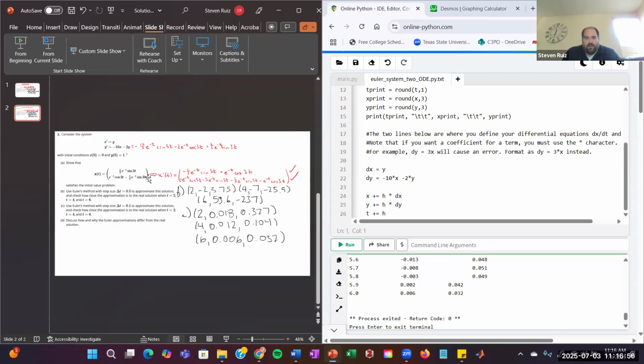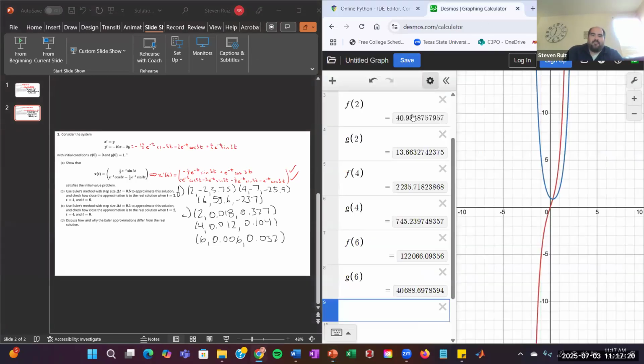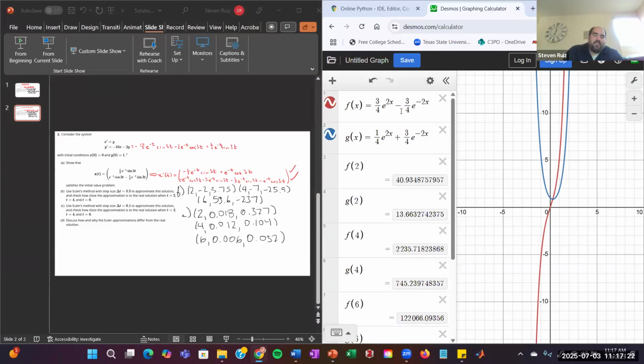As time goes forward, those terms are going to be a multiplier of those trig functions whose limit is 0. So basically what we're going to be looking at here is something like an underdamped response.